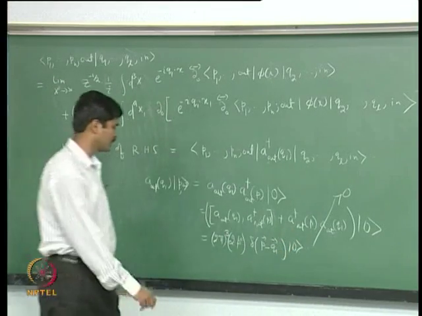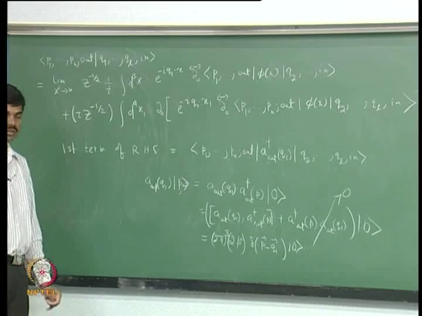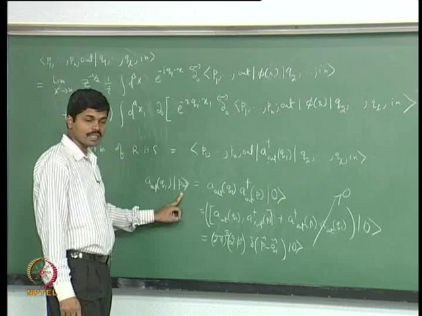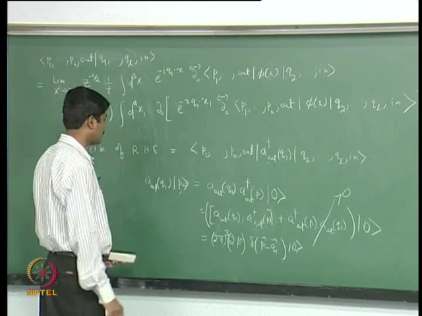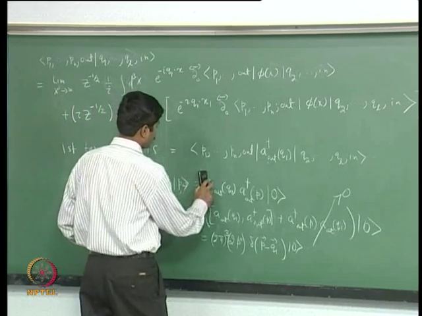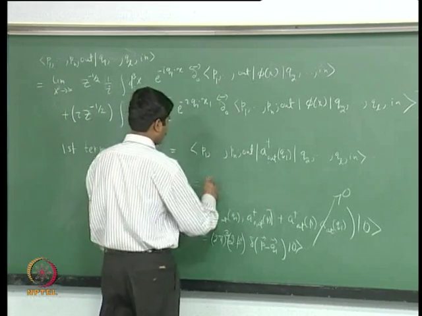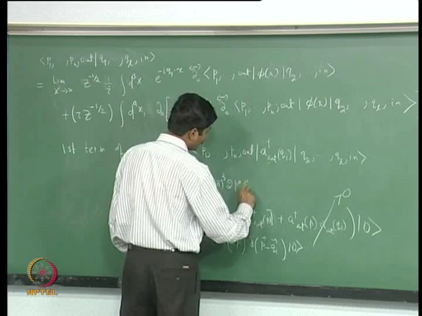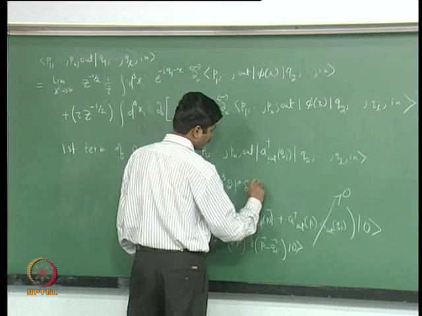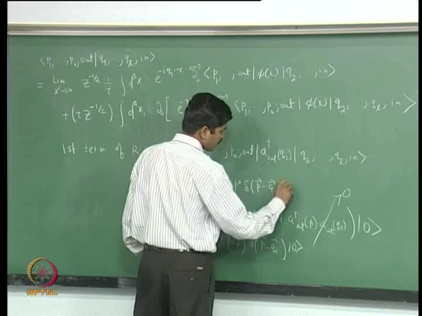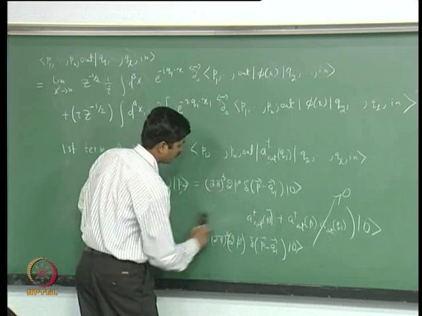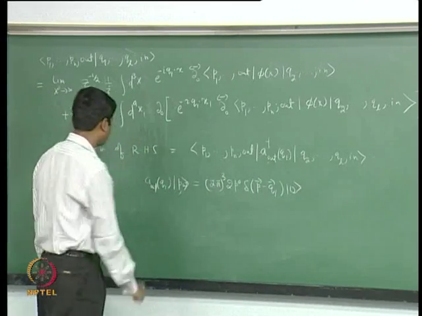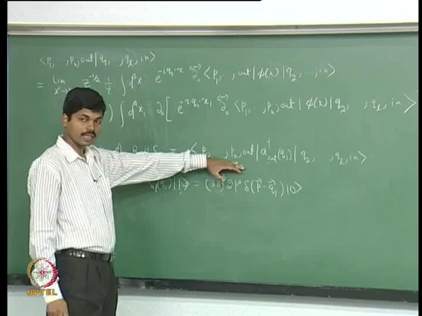Now, instead of a one particle state, if you have an n particle state here, what we saw is that this is equal to (2π)^3 2p^0 delta of p minus q1.